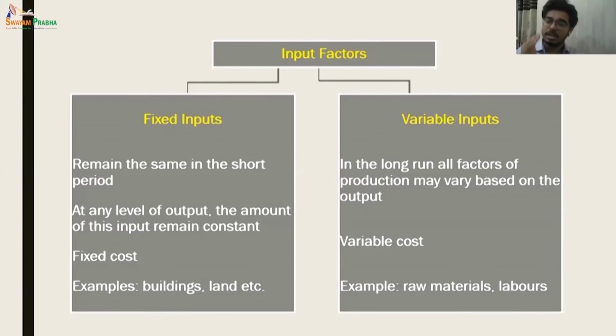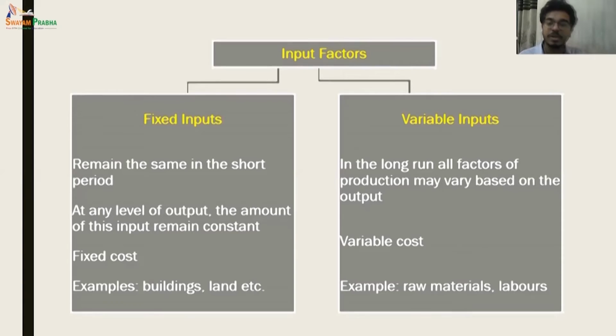And hence all the costs associated with those inputs, that means the price you pay for buying or renting those inputs for your production, are your variable cost, which changes with output. We'll discuss variable cost and fixed cost more in our next to next class, when we'll be discussing cost as a part of the theory of the firm.